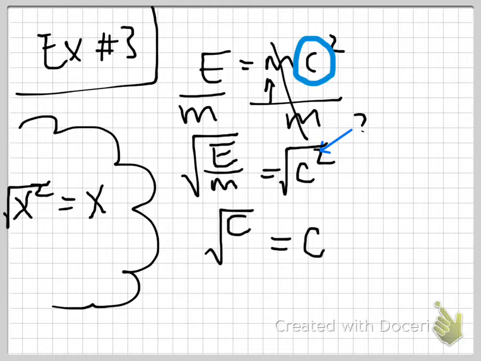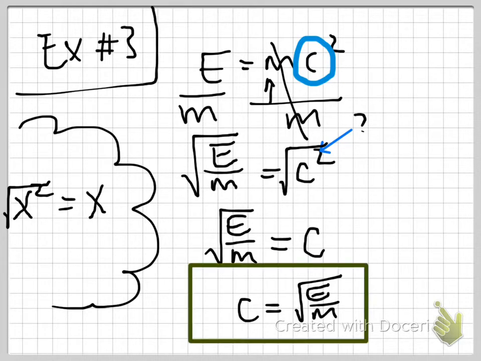And then on the other side, I'm left with the square root of e divided by m. Okay? And then again, I want my isolated variable to be on the left side. So I'm going to flip both sides and rewrite c equals the square root of e divided by m. And that is what my isolated variable is.